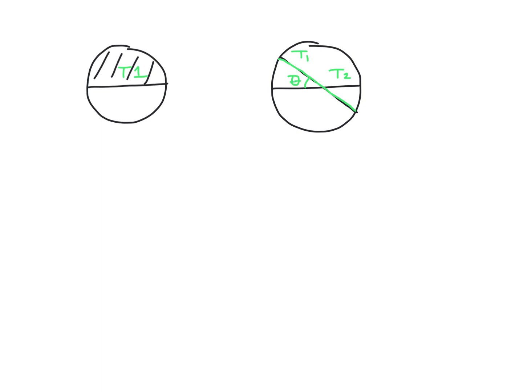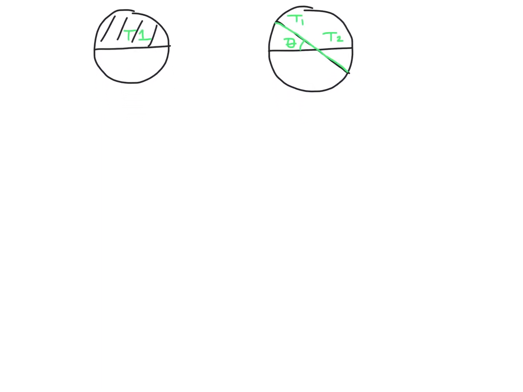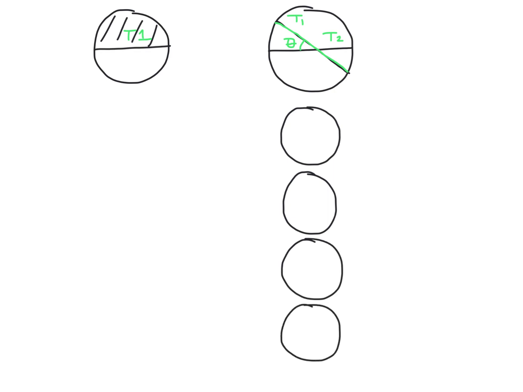Okay, so let's see here. What scenarios? We've got 1 scenario, 2 scenario, 3 scenario, and 4 scenarios, I believe. And that should be it. The first scenario is if theta is anywhere between, say, 0 and 90.